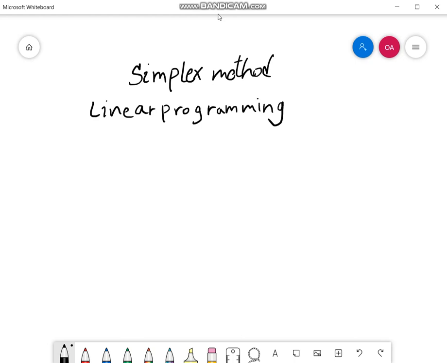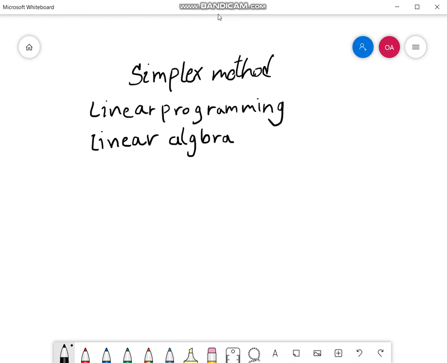Today we're gonna solve a maximization problem. The simplex method is basically inherited from linear algebra solving problems, but it has a different formulation.